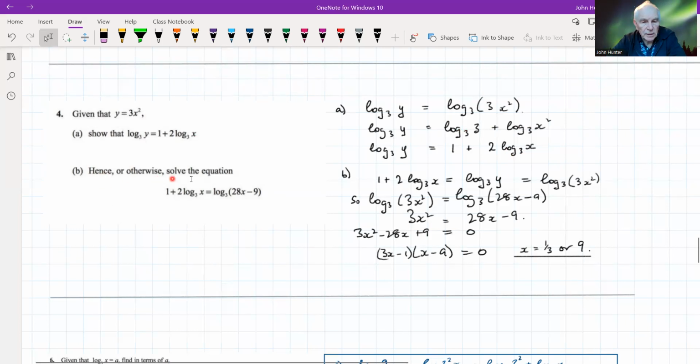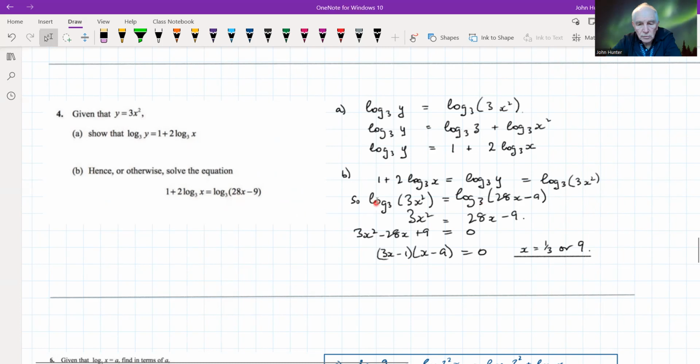And then, hence or otherwise, solve the equation. Right, we've established this. So in other words, log base 3 of 3x squared equals log base 3 of 28x minus 9.